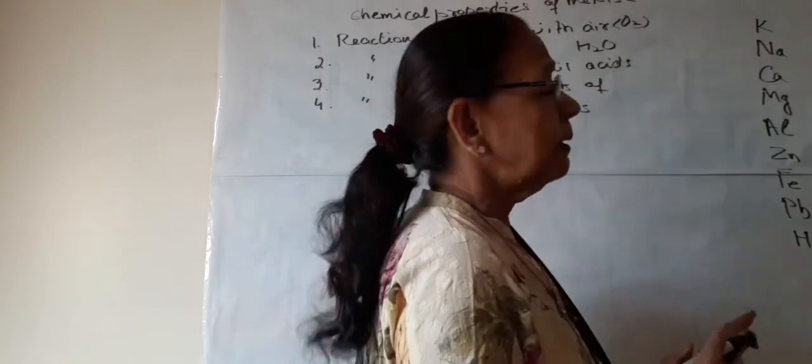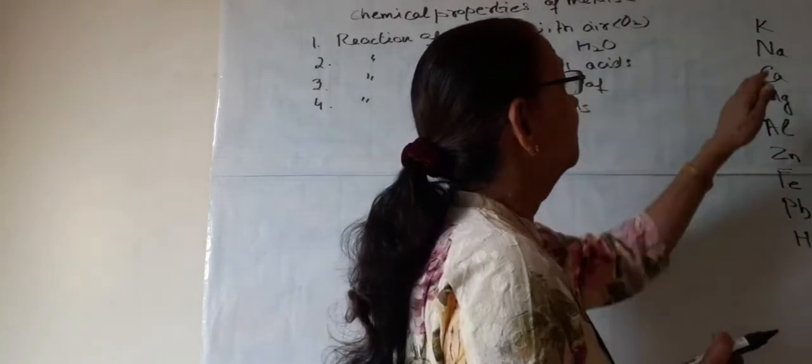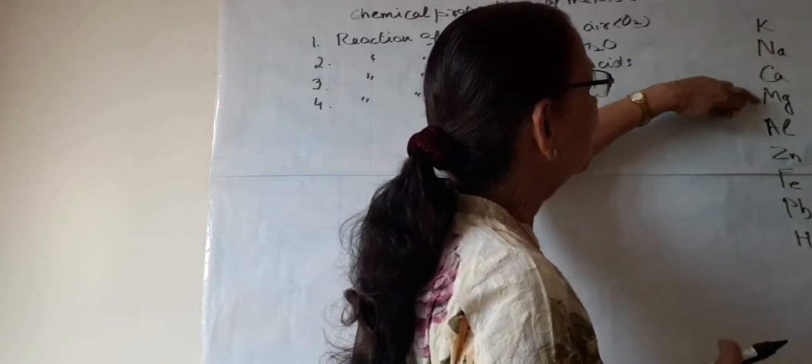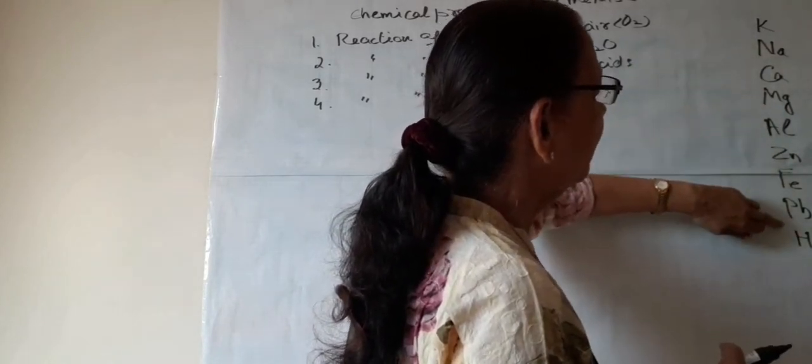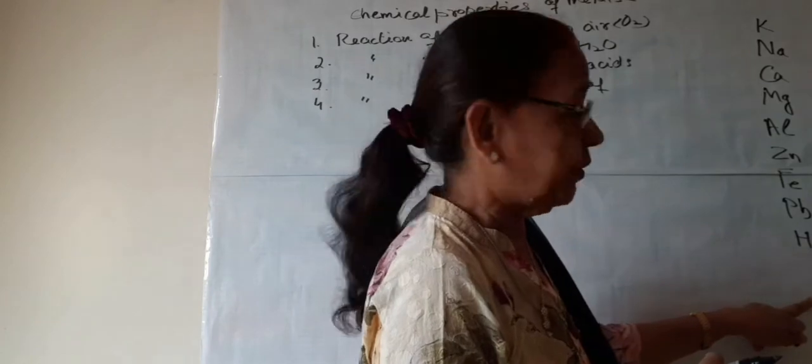These are the symbols of different metals: potassium, sodium, calcium, magnesium, aluminium, zinc, iron, lead and hydrogen.